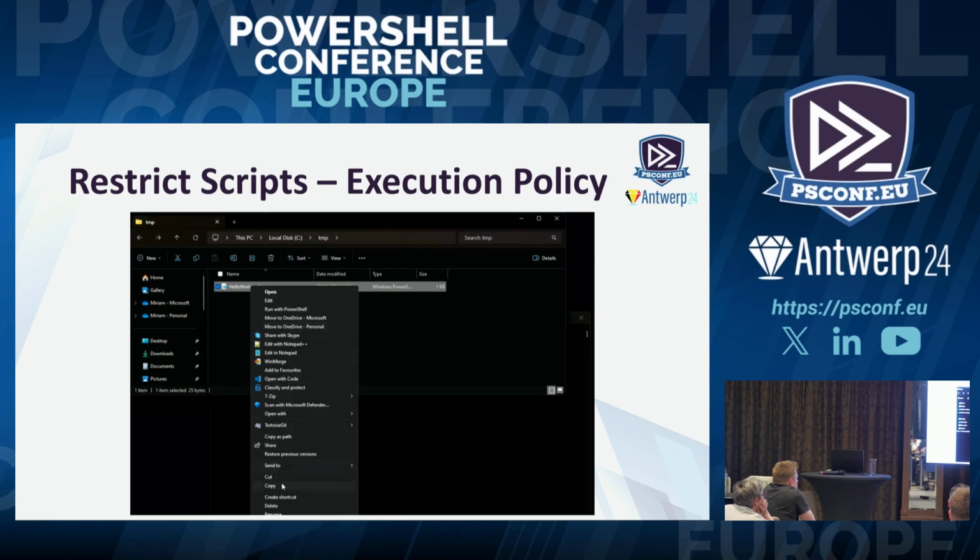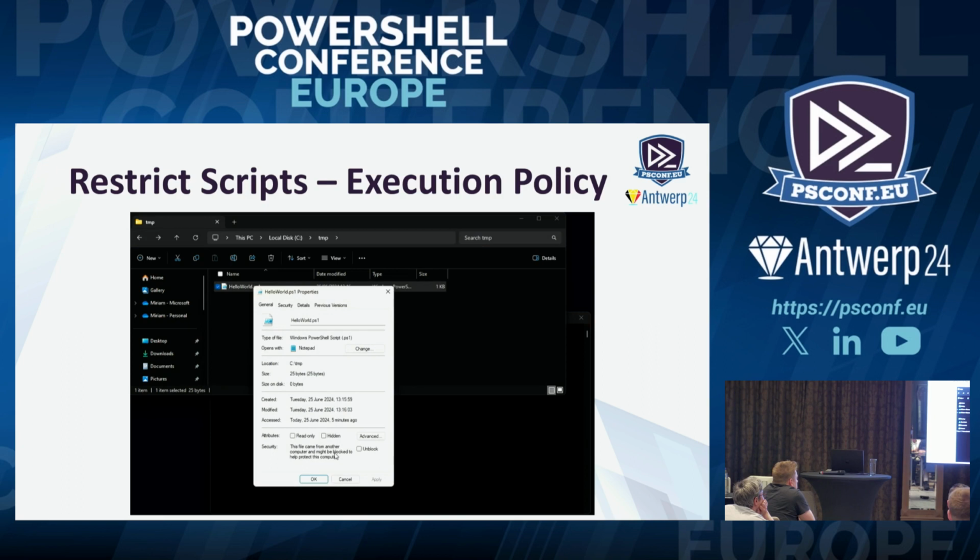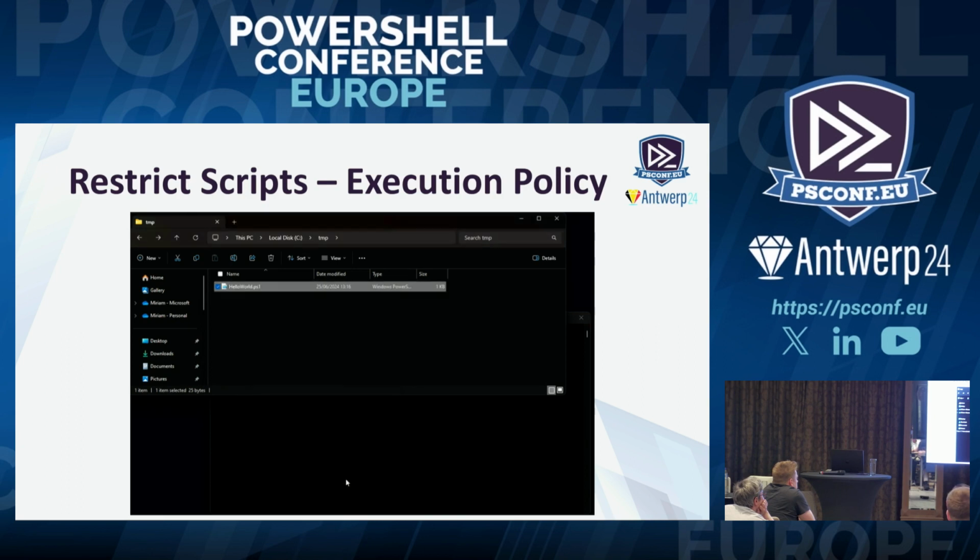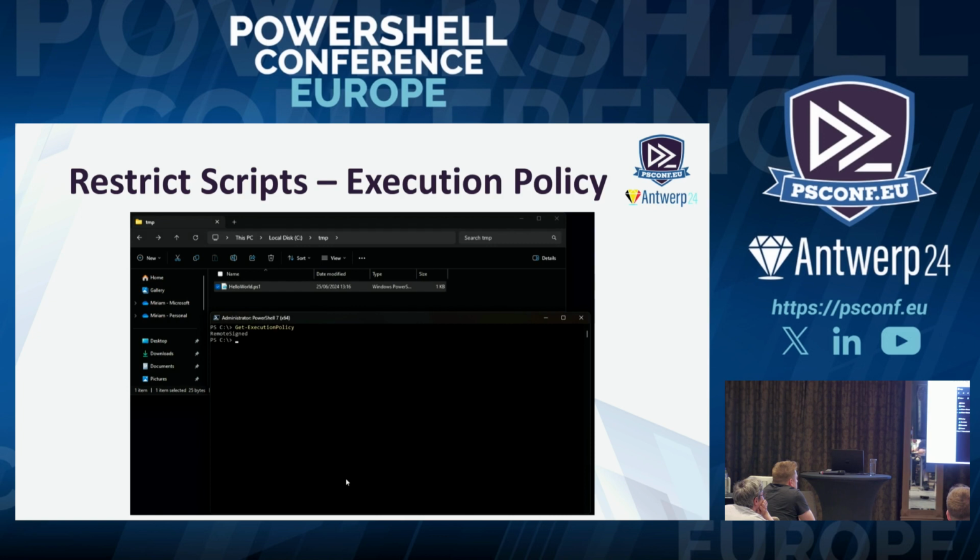So if they just download, for example, a script, and they are in RemoteSigned execution policy mode, you see the script was downloaded from the internet, and now we are trying to run it, and it will be blocked because we did not sign it and we did not allow it. But nevertheless, if an attacker really wants to run a script, it's still possible. You can, for example, just pipe it into Invoke-Expression. So it's not a security control. It just helps your users to not accidentally run stuff.